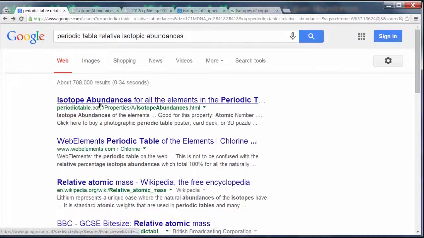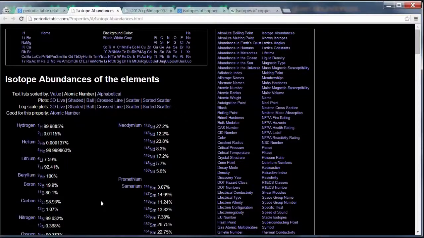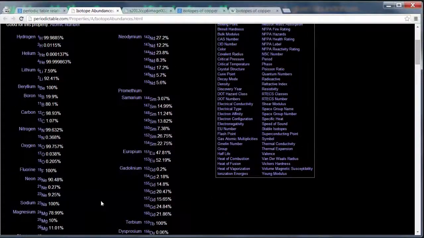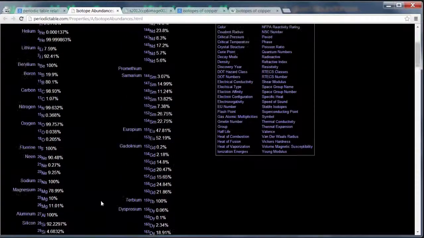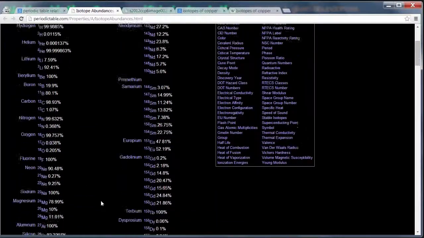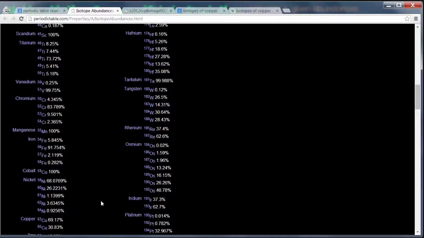The first link that comes up is actually a pretty good one, isotope abundances for all the elements in the periodic table, and that one looks like this. You get a page with some simple information, and this is going to give us some answers for the questions that we've just been looking at.